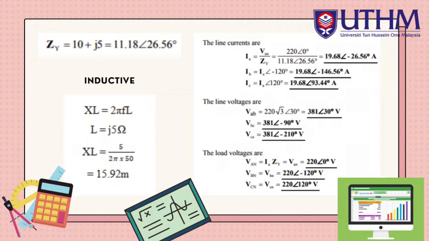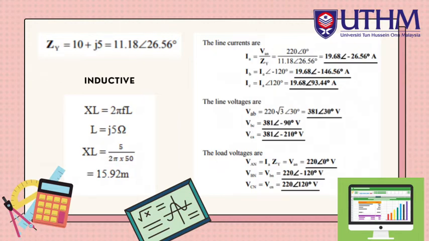For VCA, 381 with an angle of negative 210 degrees volt, which means that for VBC, the 30 degree angle is subtracted by 120, which equals negative 90, and a further 120 to get negative 210 for VCA.